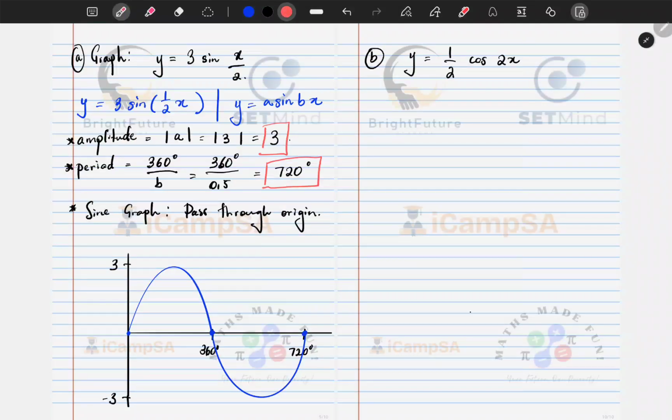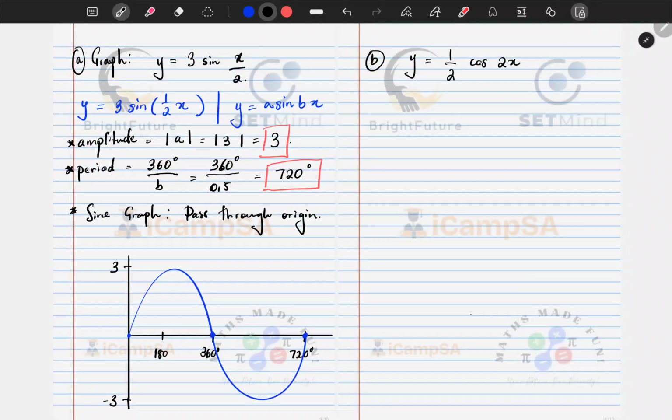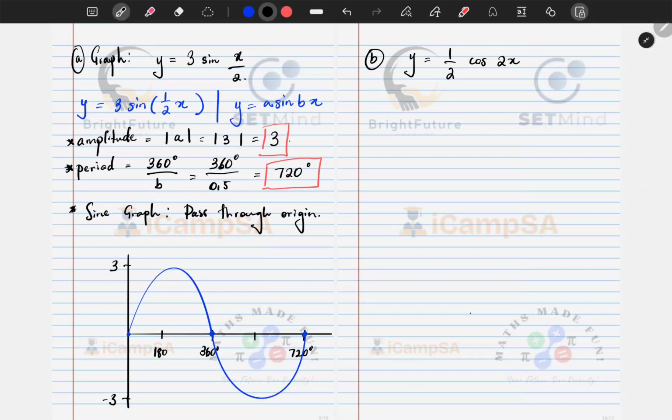Remember the original graph of sine x. So the original graph of sine x, we would have had here 180, and then this was gonna be your 270.